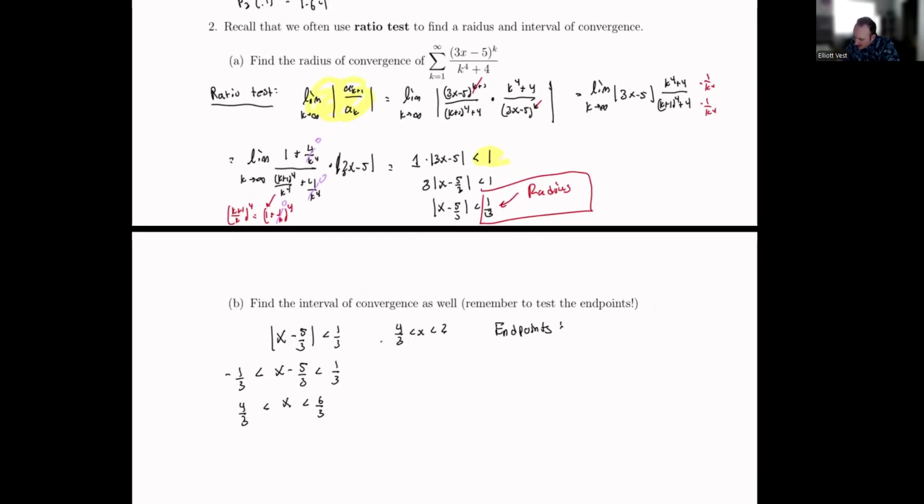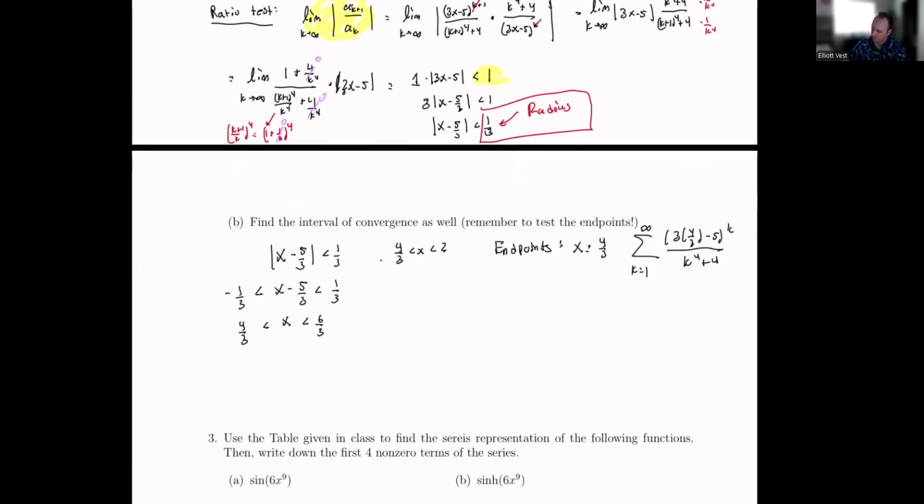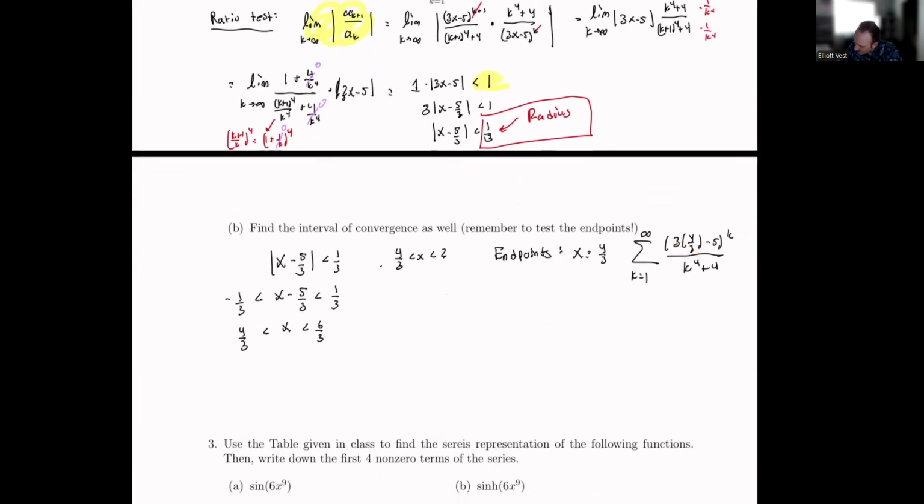What are the endpoints here? So at x equals 4 over 3, we have the summation k equals 1 to infinity of, when I plug in 4 over 3, 3 times 4 over 3 minus 5 to the k over k to the 4th plus 4. So this simplifies to 4 minus 5, so negative 1 to the k.